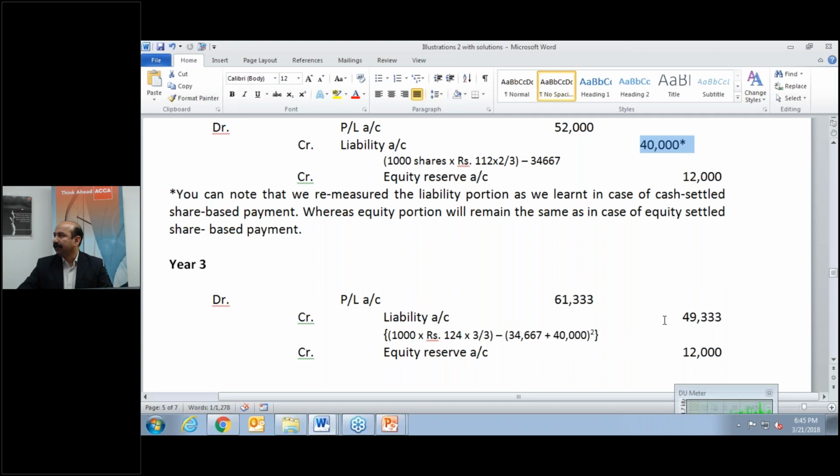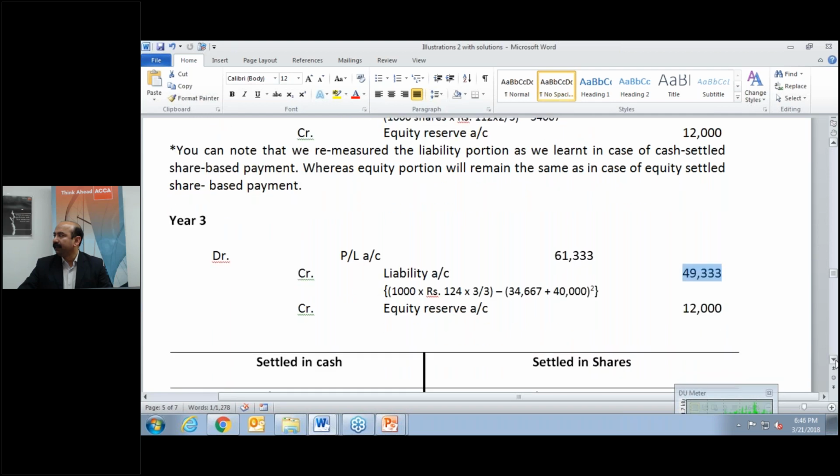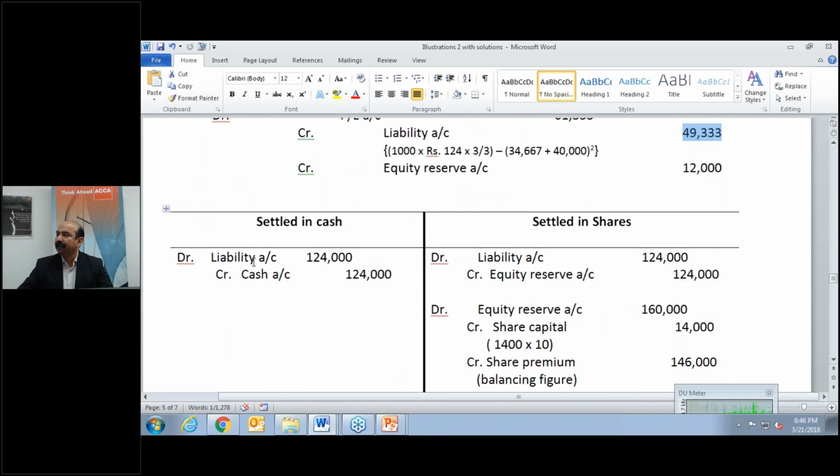Plus then 49,333 was credited to the liability. So at the end of third year, the total liability amount was 124,000. We paid the cash. So the liability is settled.